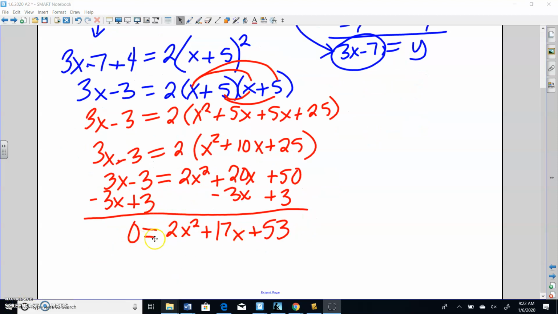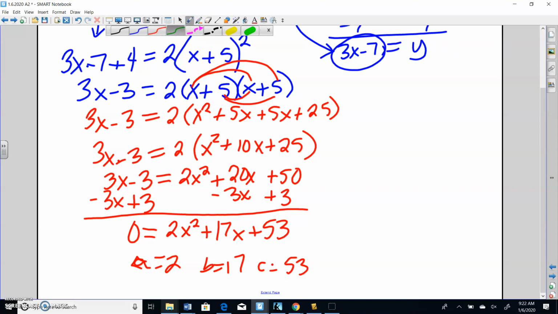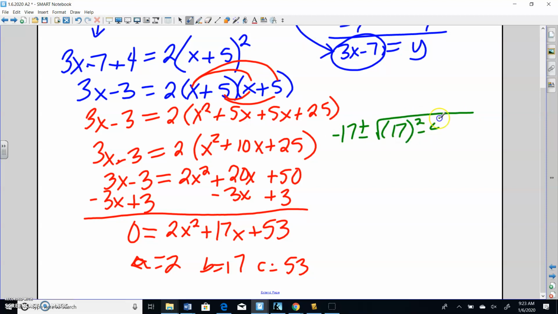All right, so now that I've got it equal to 0, I can identify a, b, and c and plug it into the quadratic formula. So a is 2, b is 17, and c is 53. So opposite of b: negative 17 plus or minus the square root of b squared minus 4 times a times c, over 2 times a.